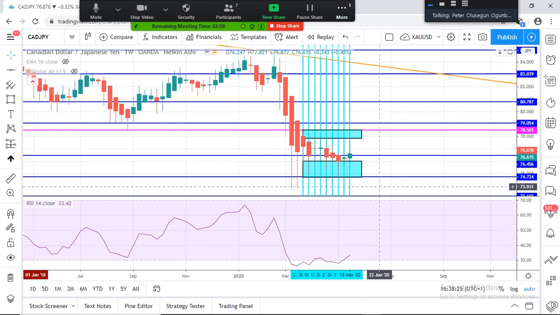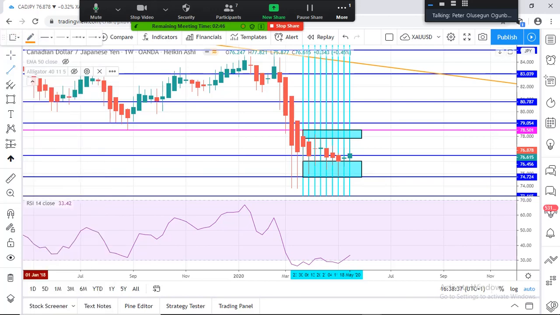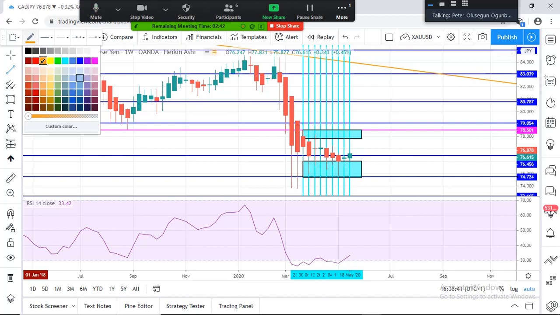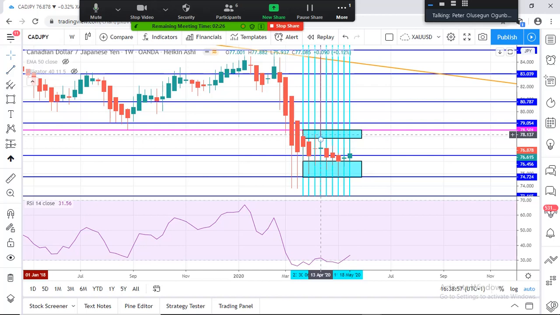So now if you see something here, if you want to draw a trend line like this, let me just try and pick something, a trend line like this. You can see that the price is wedging more or less down.